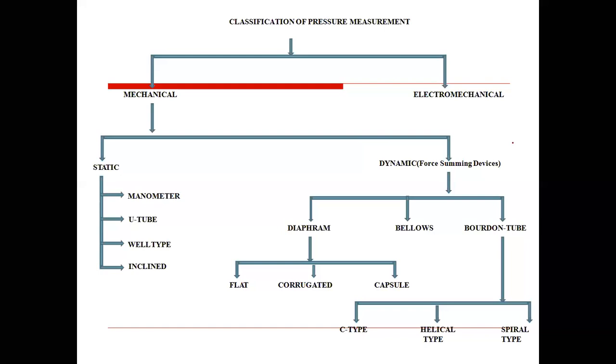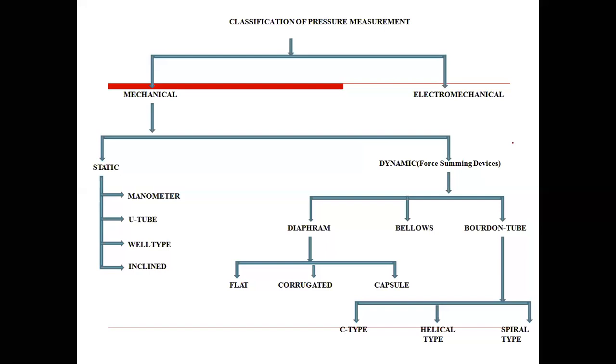Then we will switch over to the electromechanical type, which is also further subclassified into various types. First of all, we will cover mechanical type of pressure measurement. In mechanical type, it is classified into two parts. One is the static and another one is the dynamic.